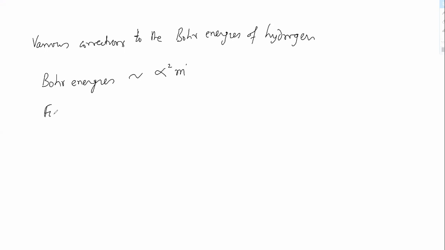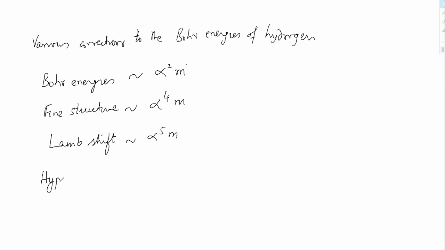Then we have fine structure, which is of the order of alpha to the power 4 times m. Then we have the Lamb shift, which is of the order of alpha to the power 5 times m. And then we have hyperfine splitting.